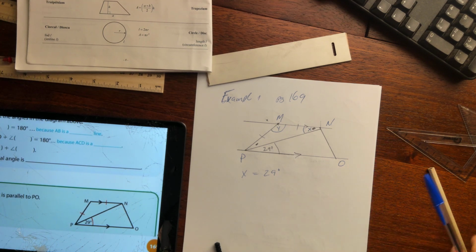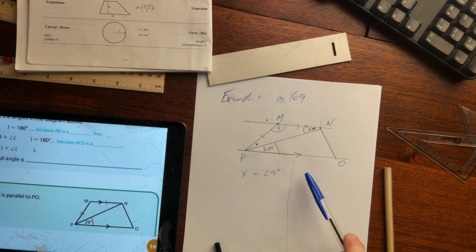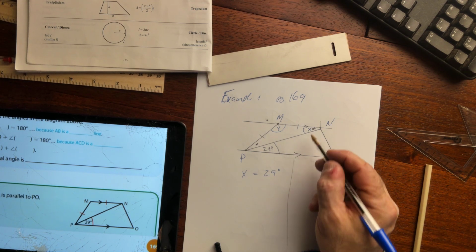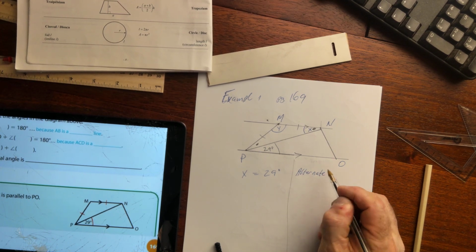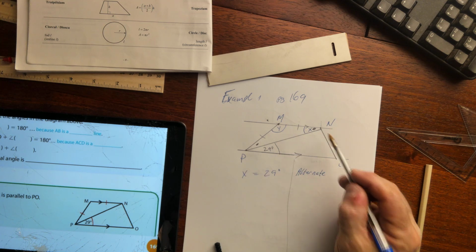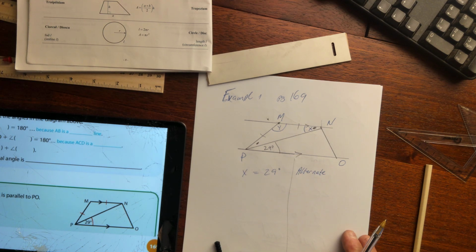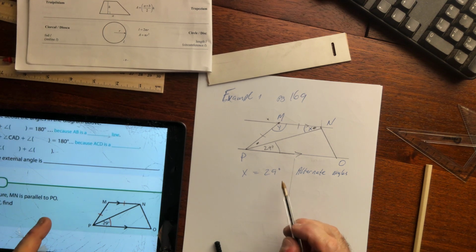We call it the two-column approach, where you make a statement and you say why it's logically true. Here it's just alternate angles, because line PN is a transversal from P to M. Alternate angles.